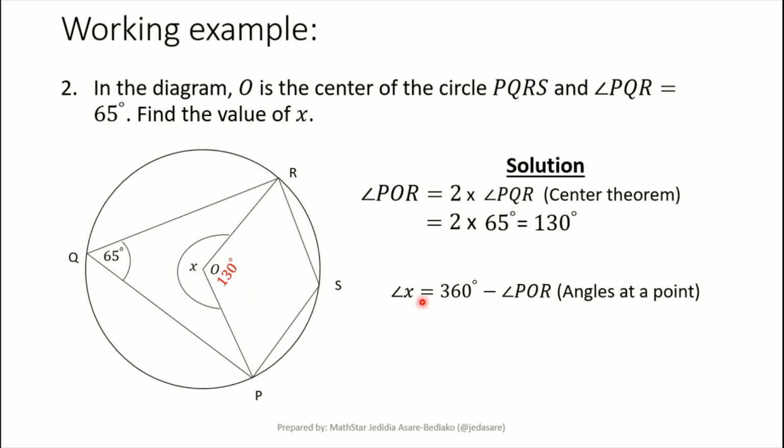So we have angle x being equal to 360 minus the known part, which is angle POR. So we have angle x to be 360 degrees minus 130 degrees, and that will give us 230 degrees for the value of x.